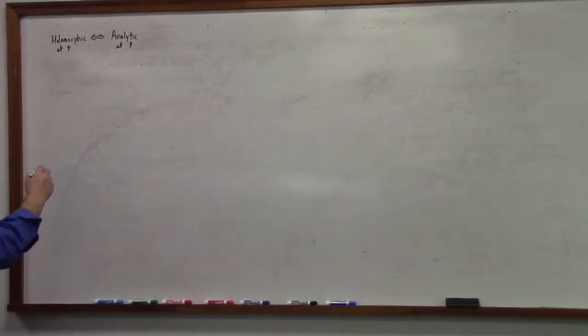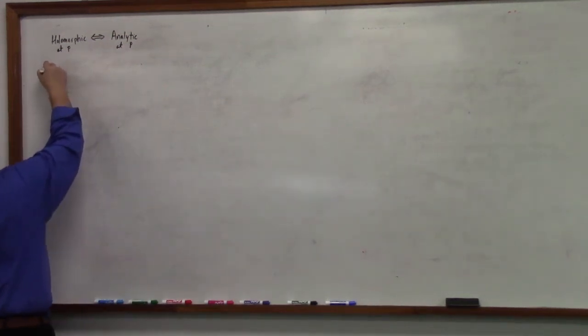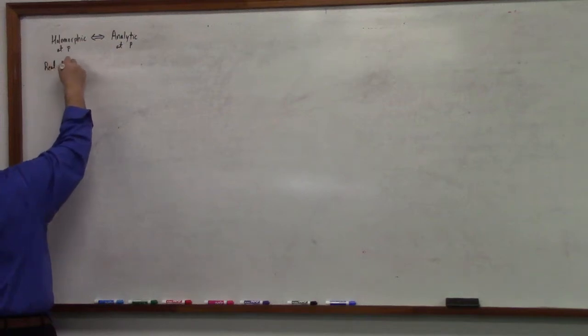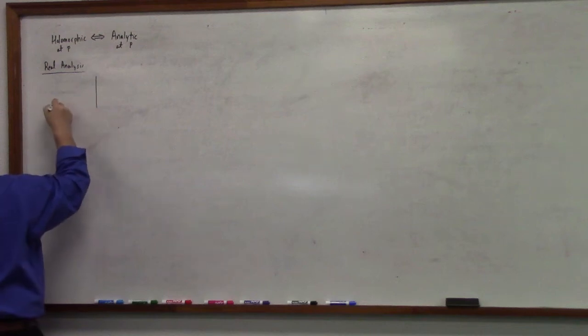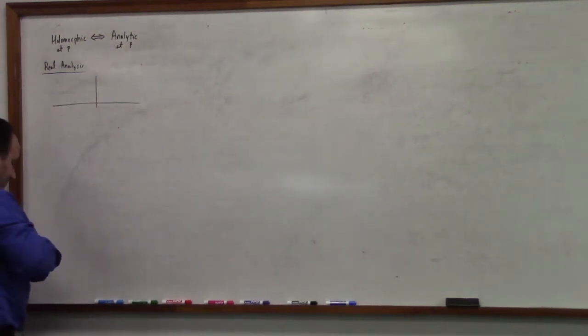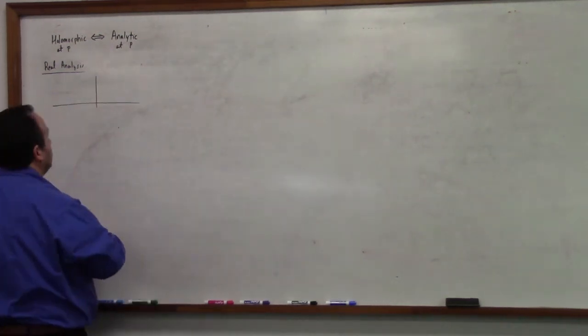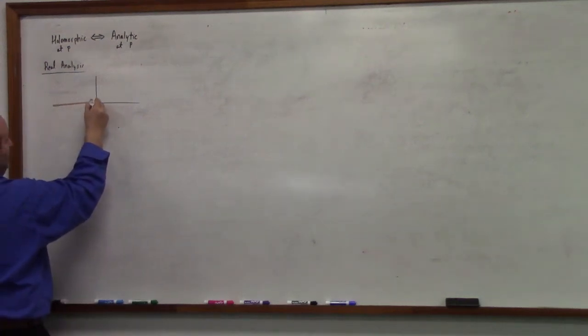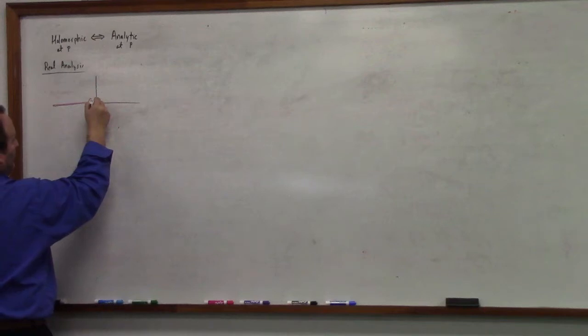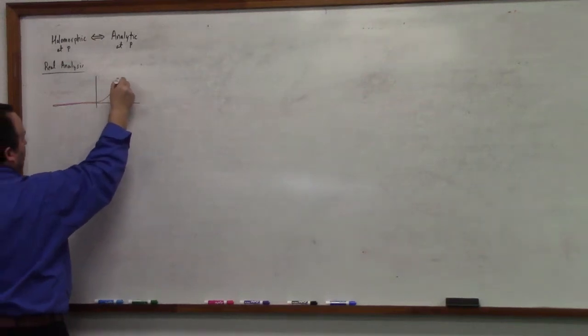So in real analysis, it's worth taking a second to mention a counterexample to this in the reals. In real analysis, you can build a function whose graph looks like this. It's 0, then it hits 0, and then it just smoothly goes up to 1.